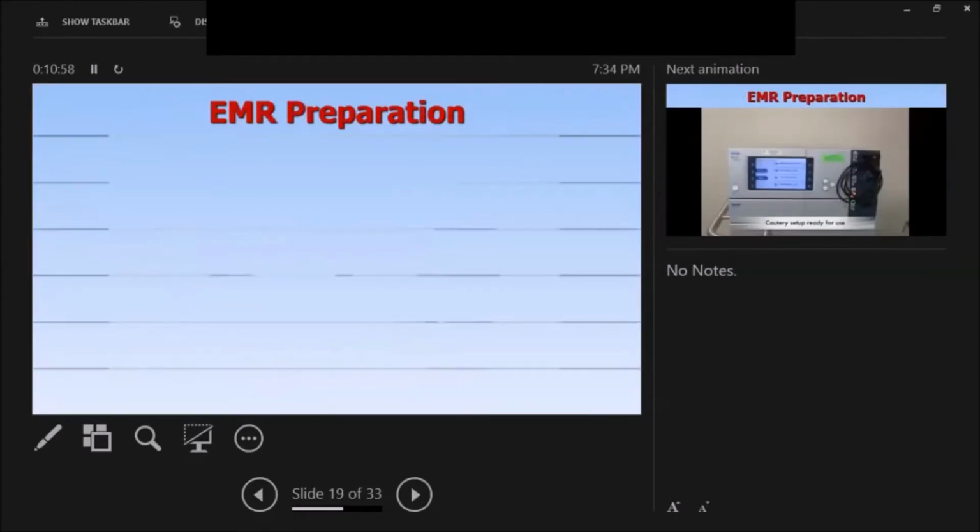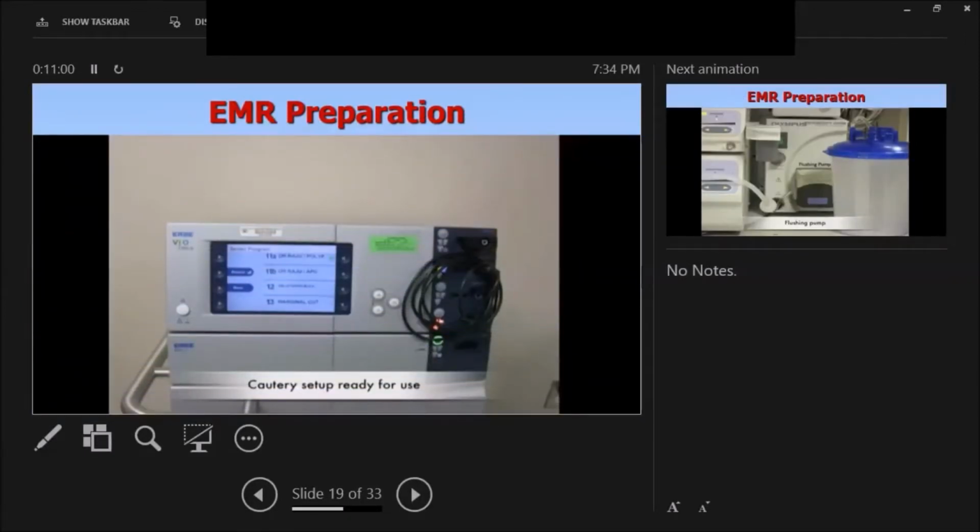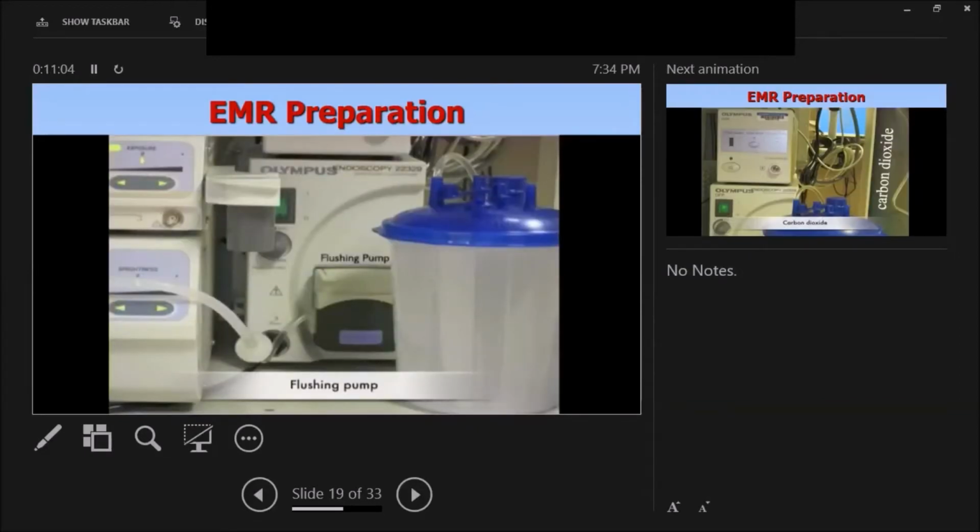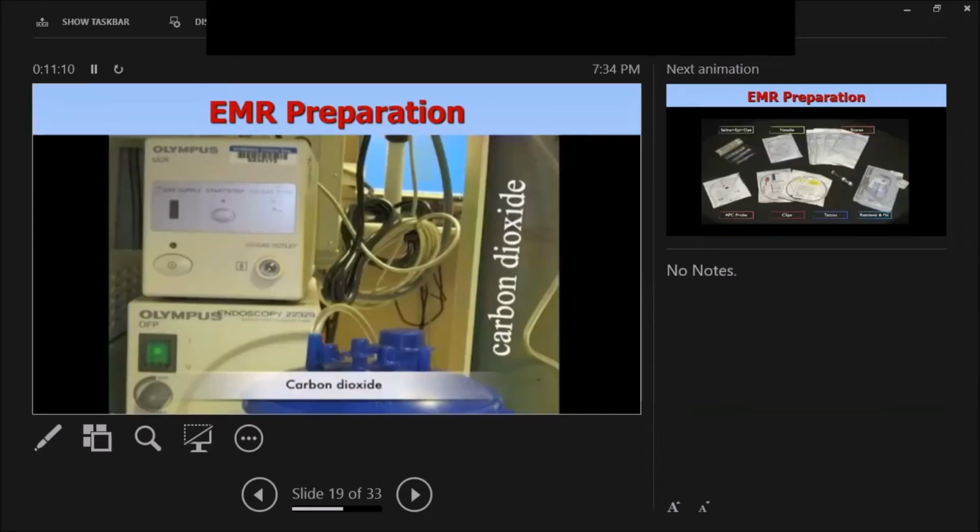EMR preparation: in our endoscopy unit we have an electrosurgical unit and a flushing pump to wash the lesion or to identify a complication. Also carbon dioxide, especially in case of perforation, because it makes the management better.